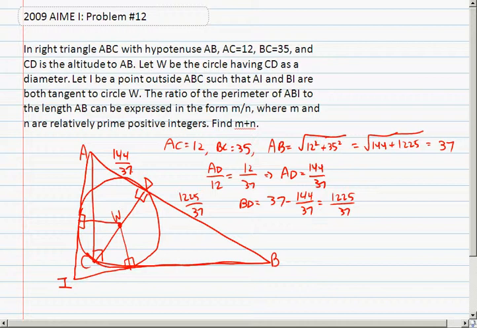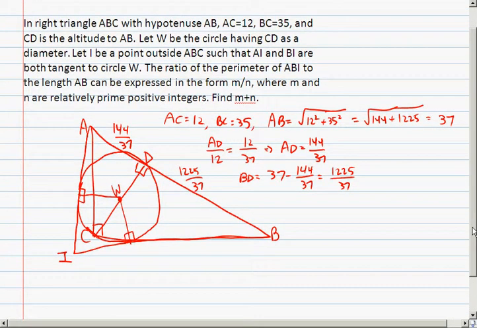So now that we have found the projections, we can compute the altitude to the hypotenuse of triangle ABC. In other words, we can use these two lengths to find CD. The altitude to the hypotenuse of a right triangle is the geometric mean between the lengths of the two projections. So we have 144 over 37 divided by CD equal to CD divided by 1,225 over 37.